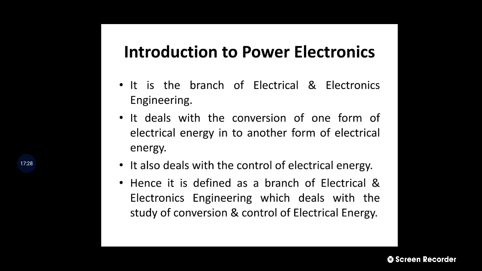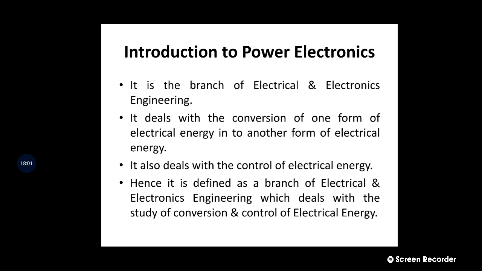Also it deals with the control of electrical energy, not only conversion. Along with this conversion, it also controls the electrical energy which is required for the machines used in the industry. Hence it is called a branch of electrical and electronics engineering which deals with the study of conversion and control of electrical energy.